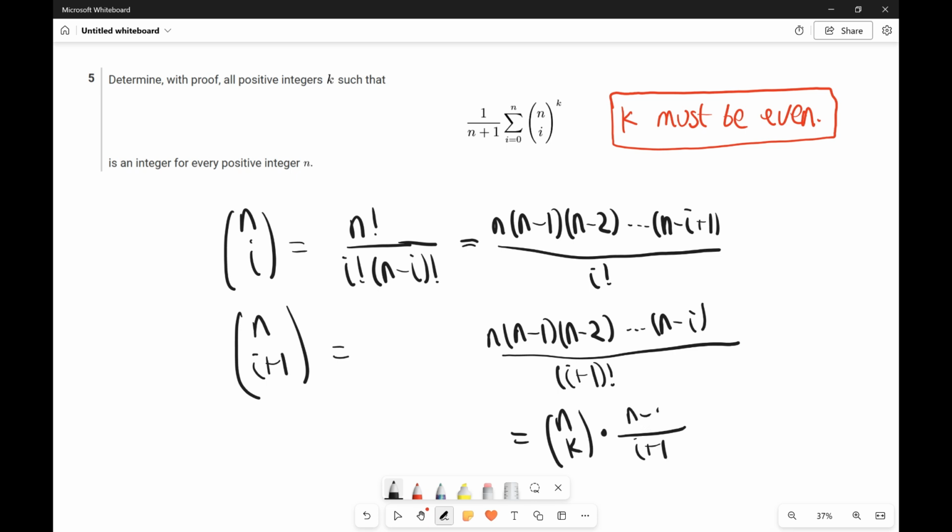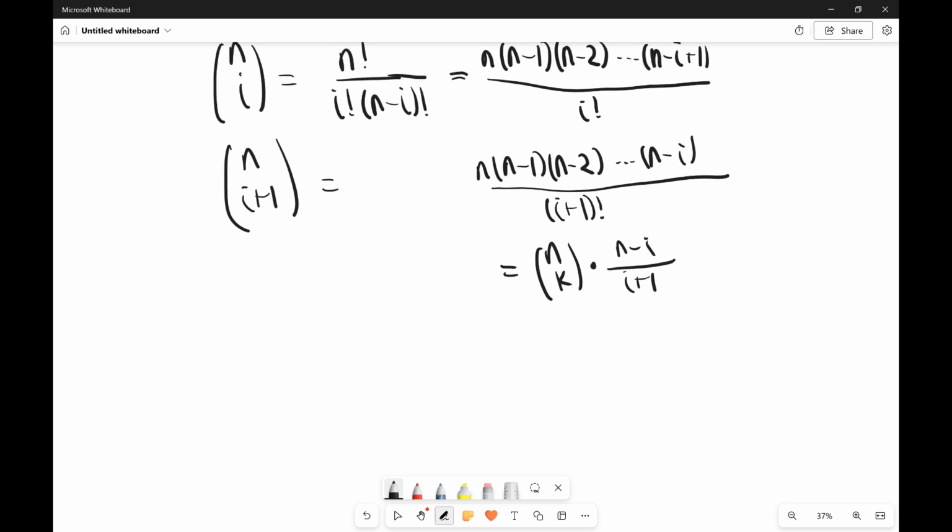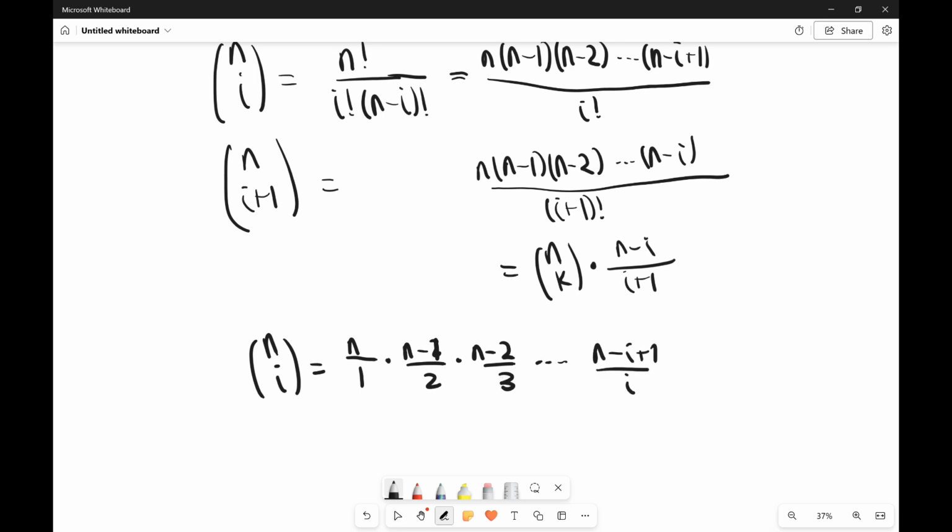So this motivates us to write as follows. n choose I is equal to n over 1 times n minus 1 over 2 times n minus 2 over 3 all the way to n minus I plus 1 over I, where the sum of the numbers in each fraction is n plus 1.